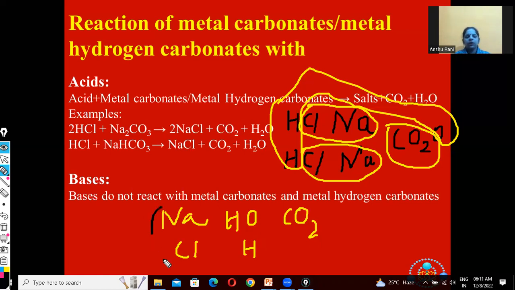It will give you NaCl, water, and carbon dioxide. What you have to keep in mind is that whenever you take a metal carbonate or metal hydrogen carbonate and react it with acid, they will furnish carbon dioxide gas and water along with the salt of that particular metal.